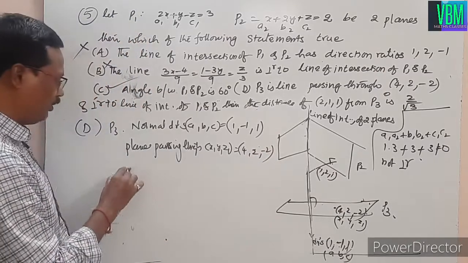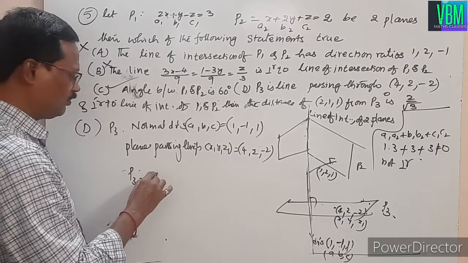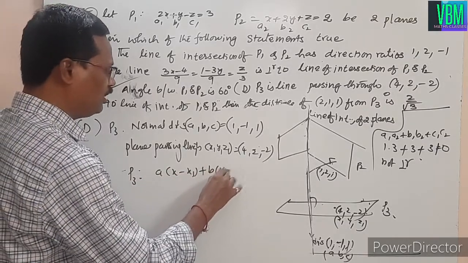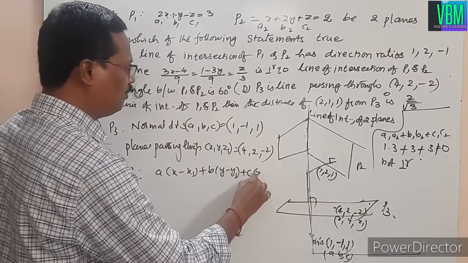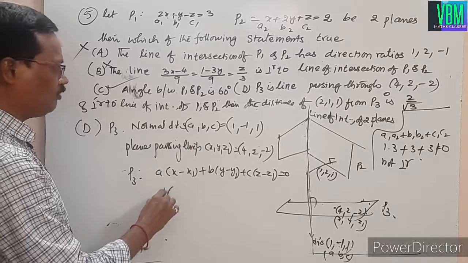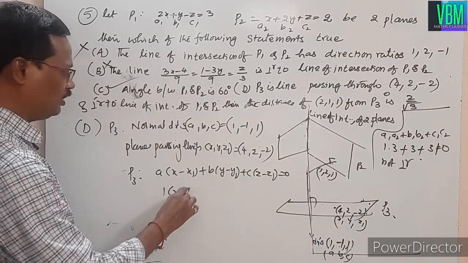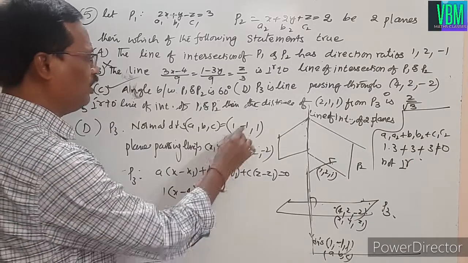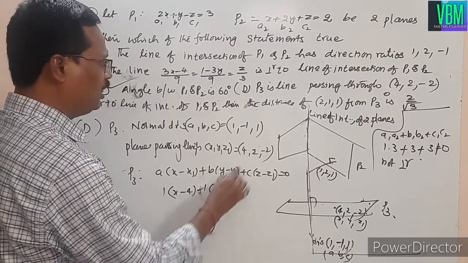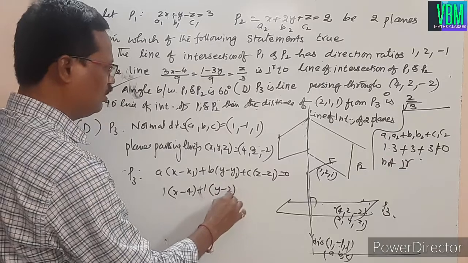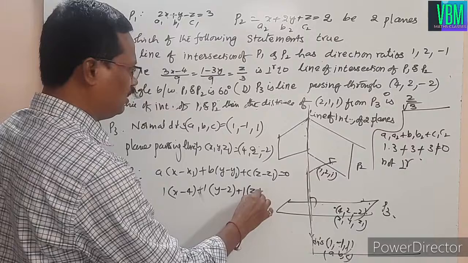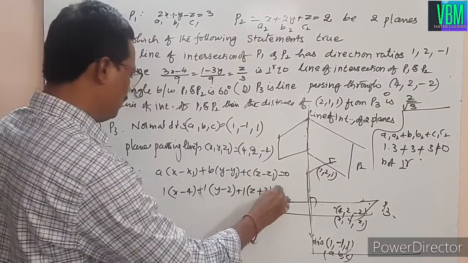Therefore the P3 plane is A into x minus x1 plus B into y minus y1 plus C into z minus z1 equal to 0. A is 1, x1 is 4, B is minus 1, y1 is 2, and C into z minus z1 is equal to 0.